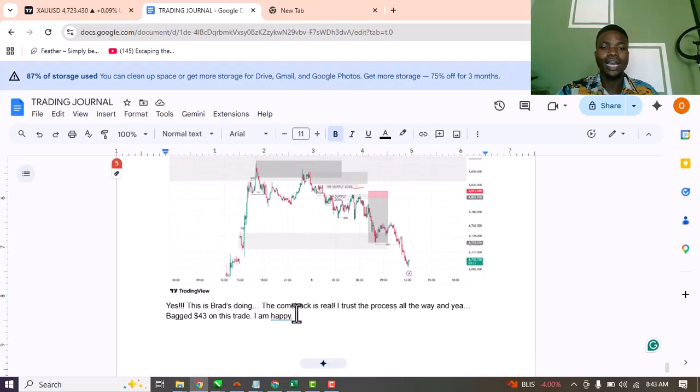This is the result, and this is what it means to be a trader: having the right strategy and following your strategy. I believe this is what it actually entails.